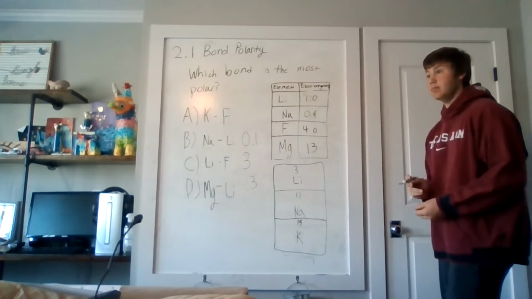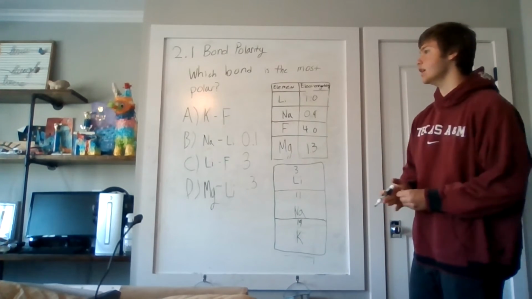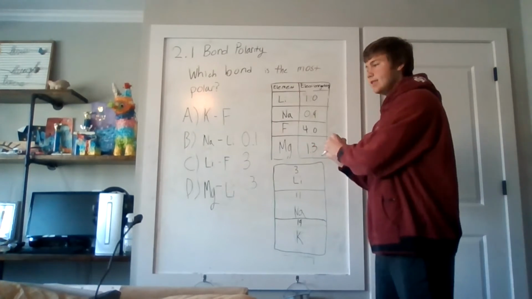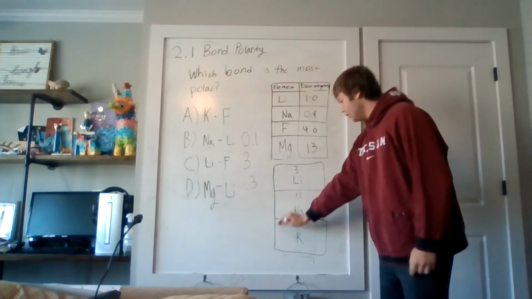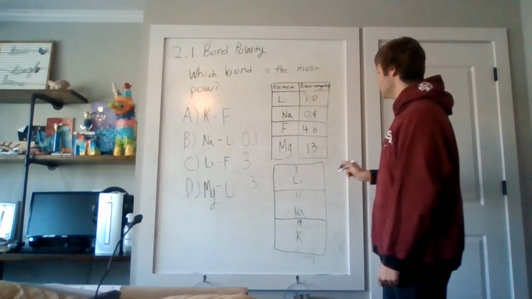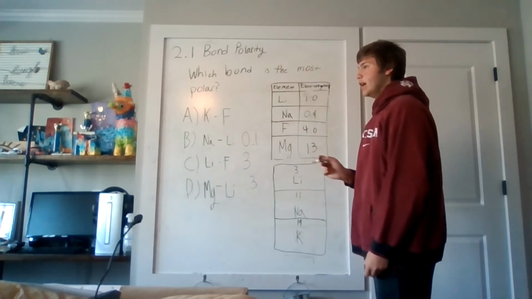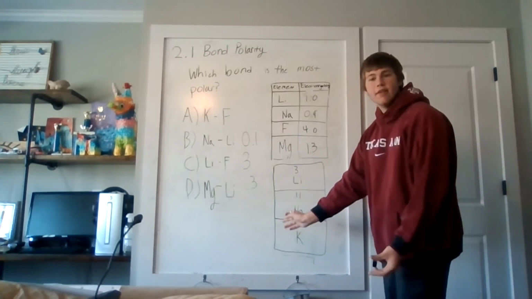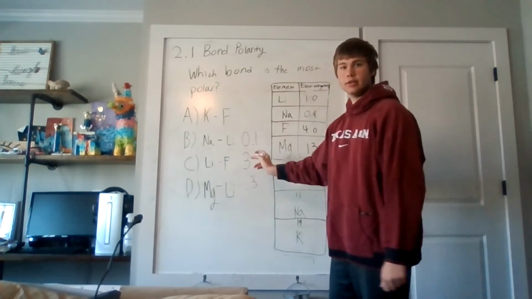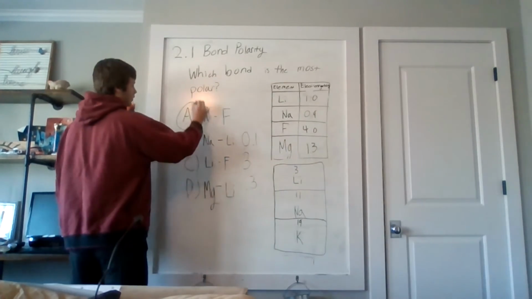Now this may sound like it's not going to cause more polarity, but since we're looking for the difference and not more electronegativity, being less electronegative actually makes the bond more polar, because it's not going to be 1.0 minus 4, it's going to be 0.7 or 0.8 minus 4, which causes a slightly greater polarity. So our answer would be A.